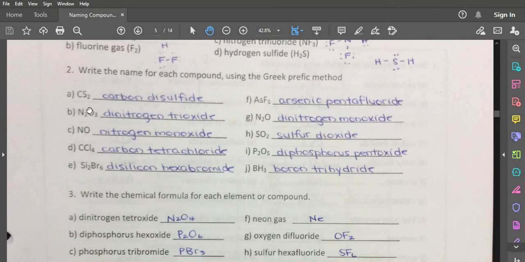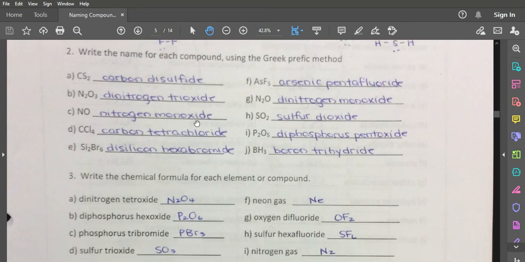We have 3 oxygens, so instead of saying just oxide, we have a trioxide. That's how we can tell this is a covalent or a molecule. Again, anything that you have two of out front, make sure you use the di. But if it's just one of something like F, H, and J, you can just use the element's name, and we're good.